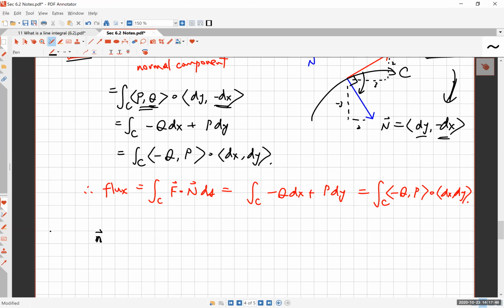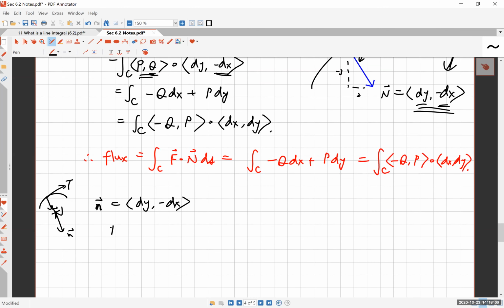If this is your tangent vector, and if this is the normal vector, now you remember, if you have anything normal, it doesn't have to be a unit vector. You can rewrite this as dy, negative dx. That's what I was trying to illustrate here.